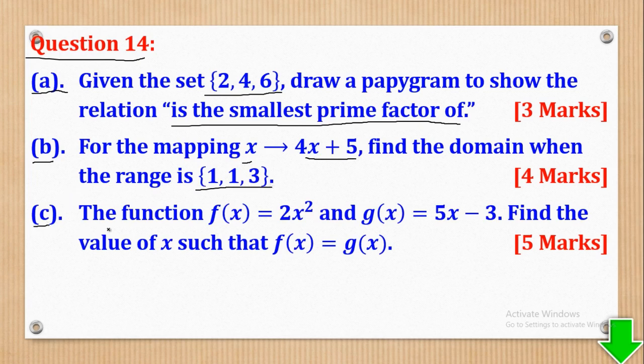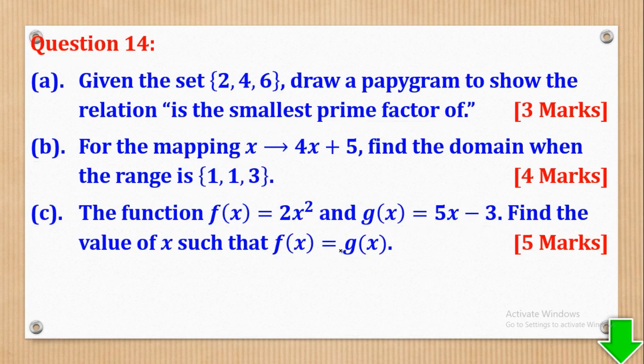And part C, the function f(x) equal to 2x squared and g(x) equal to 5x minus 3, find the value of x such that f(x) is equal to g(x). So let's start with part A.